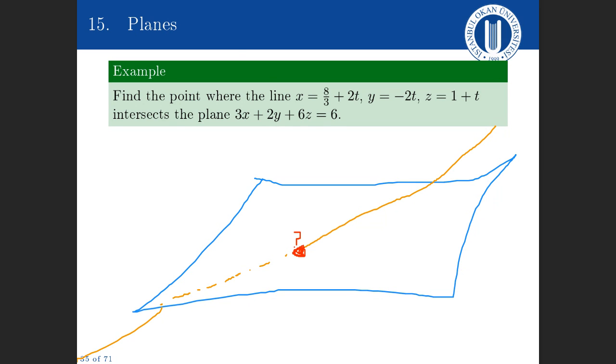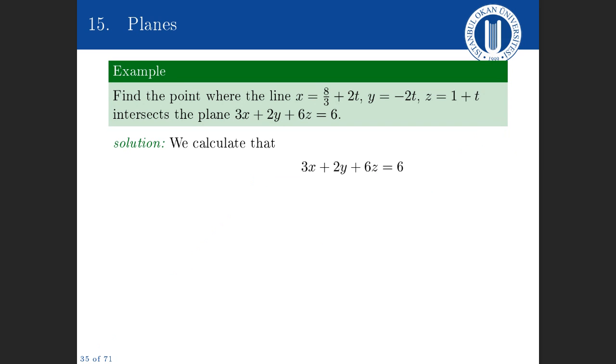Find the point where this line intersects this plane. What we're going to do is start with the equation for the plane. We start with 3x plus 2y plus 6z is equal to 6.